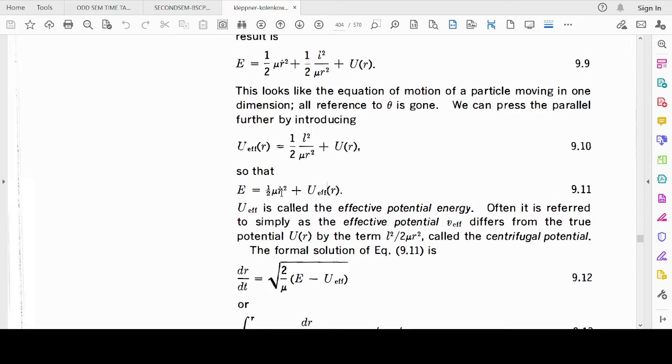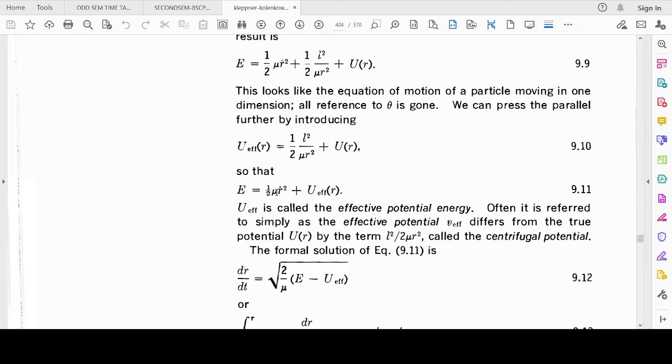So this is an equation. What is r dot? r dot is dr by dt. So half mu into dr by dt the whole squared plus U effective equals E. Now I will cross multiply. So 2E by mu minus U effective will be r dot squared.